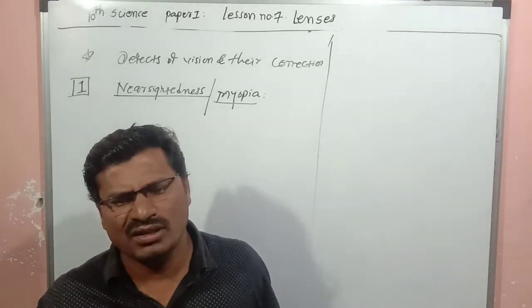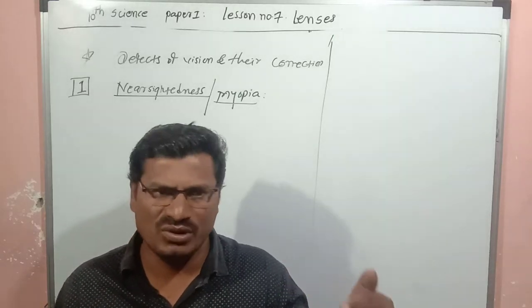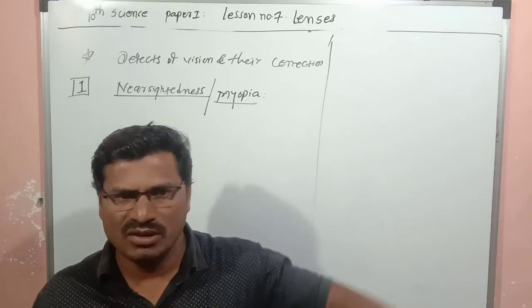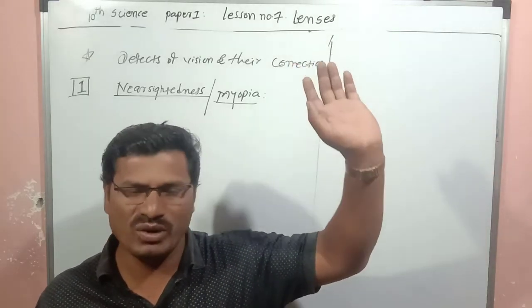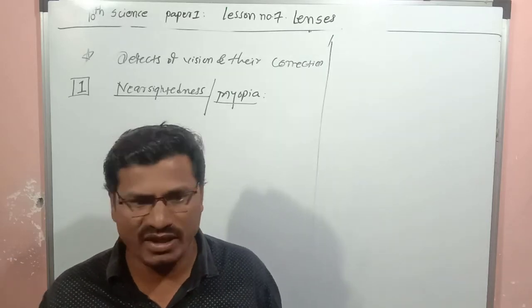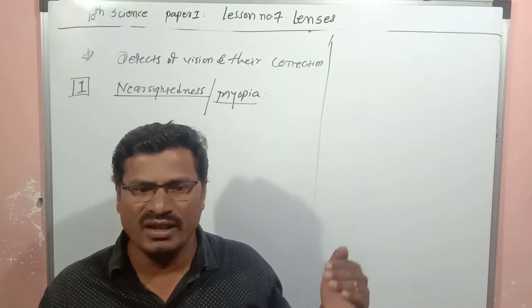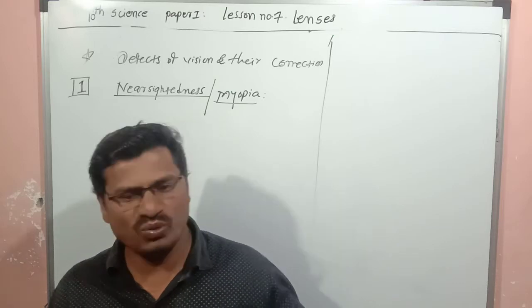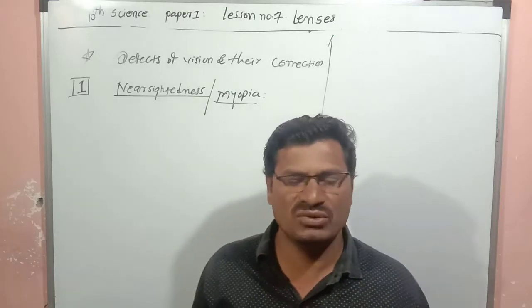Second point is, the far point is not at infinity. For far away objects, the far point is normally at infinity, but in this defect the far point is not at infinity; it shifts closer towards the eyes.